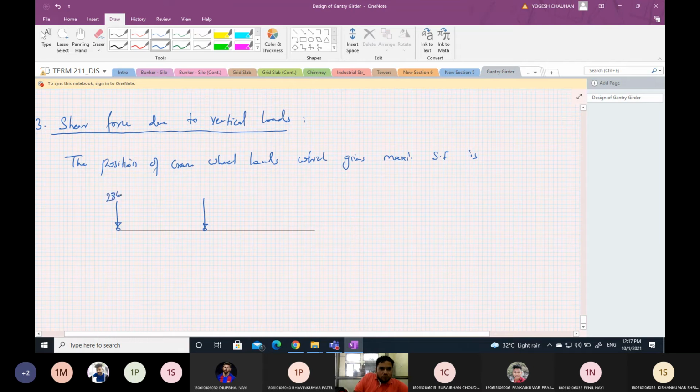This is 286 kilonewton, 286 kilonewton, and the distance between these two wheel loads is 3.5 meter, and the span of the gantry girder is 6.5 meter.